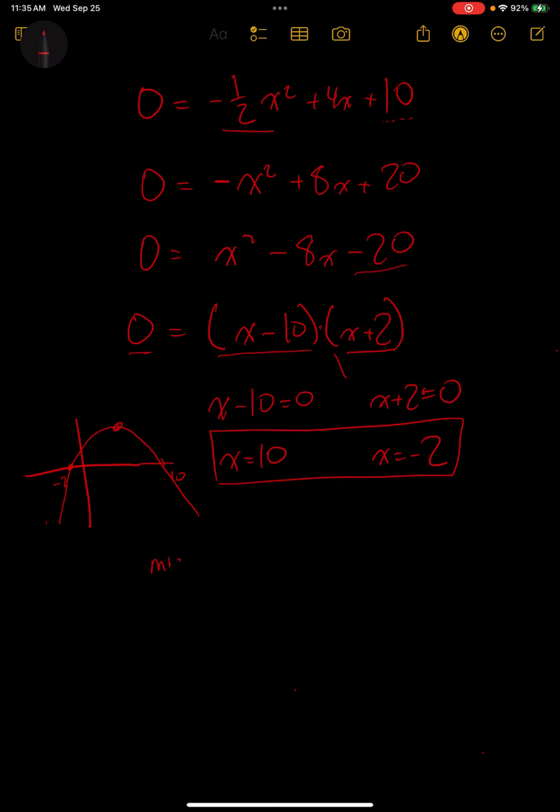The midpoint between 10 and minus 2 is 10 minus 2 over 2, which is equal to 8 over 2, which is equal to 4. So my midpoint happens at 4, but we don't know the y value.